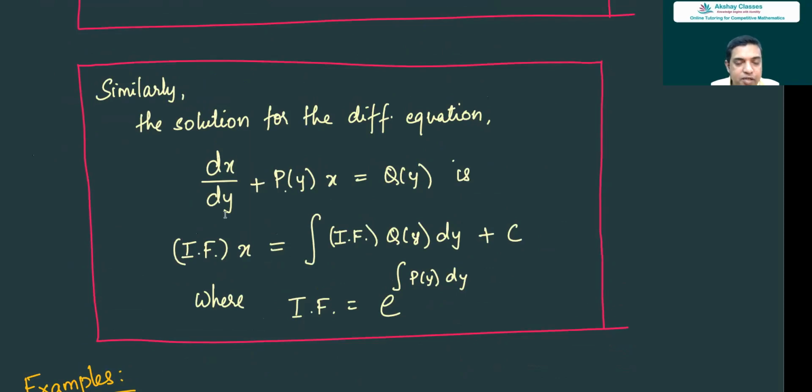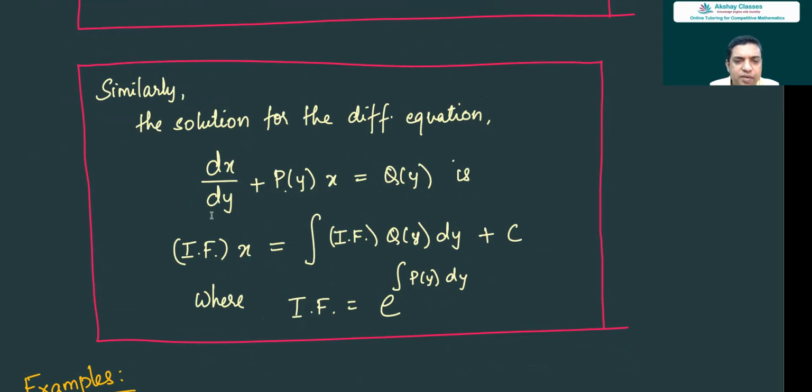And the same thing, if x is the dependent variable and y is the independent variable, then it changes. dx by dy plus p of y times x is equal to q of y. So x is the dependent variable. The dependent variable and its derivative appear in degree 1 and are not multiplied together. So this becomes the linear differential equation.